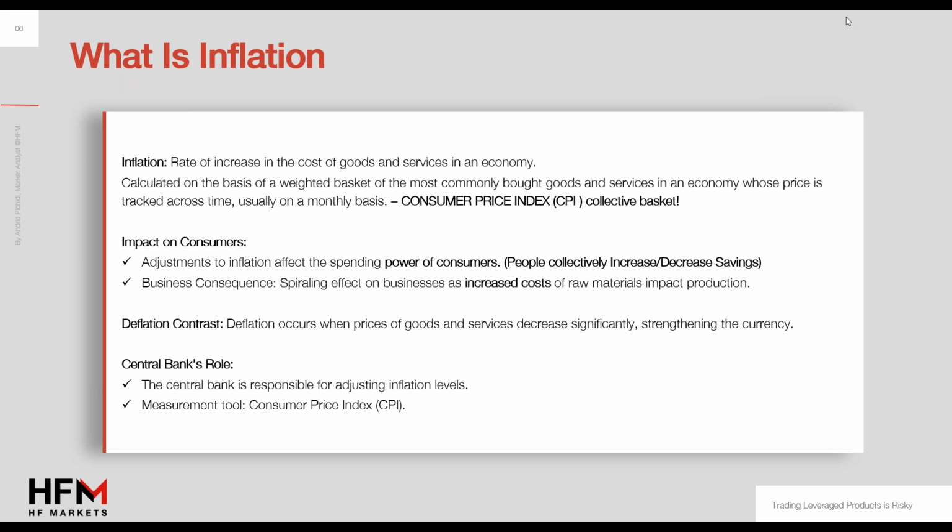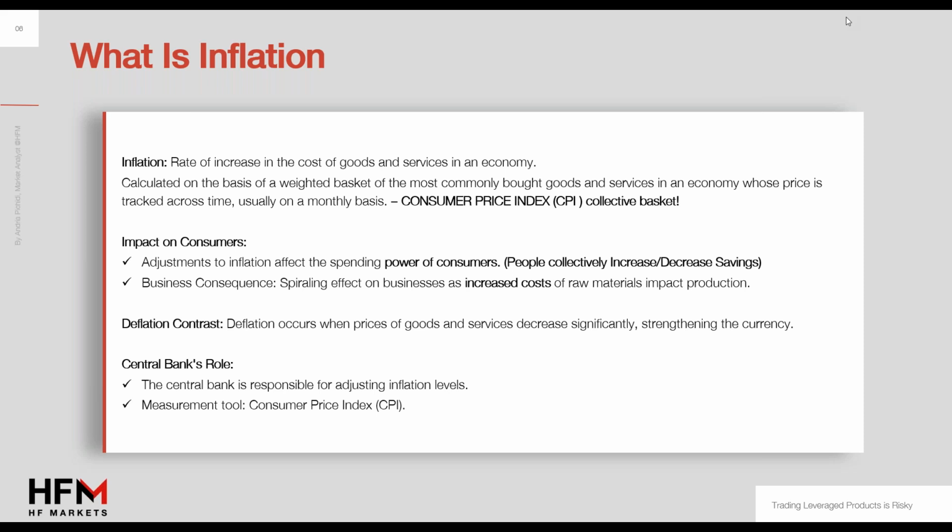Yes, Centric asked which is better for the economy, high or low interest rates. We're going to come to that in a bit, but let's first see what happens when we have high inflation and when we have low inflation, in order to also explain what is better in regards to interest rates.